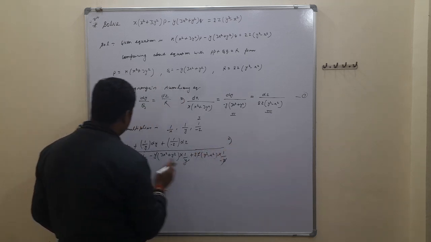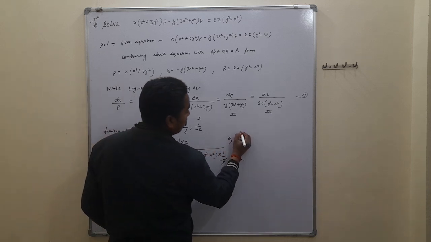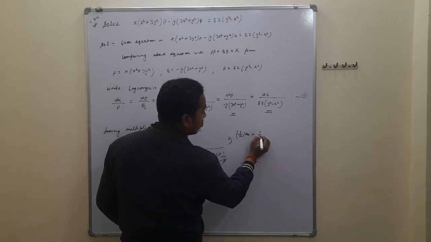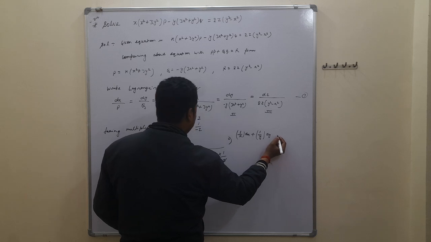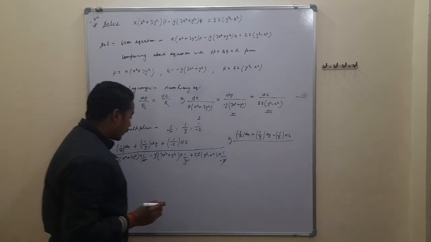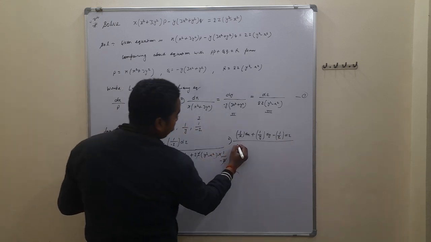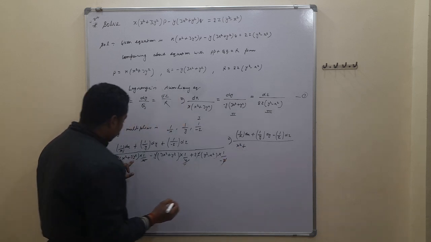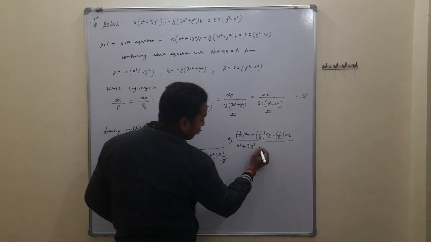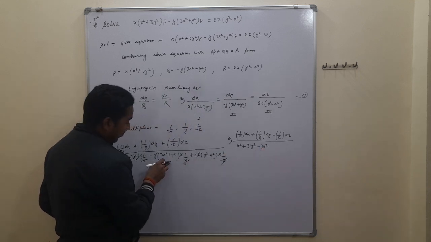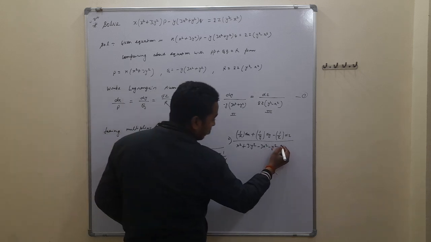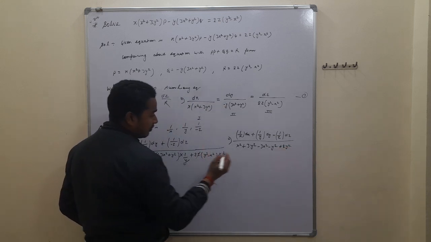This is given by (1/x)dx plus (1/y)dy minus (1/z)dz, upon simplification for the denominator. We get x² + 3y², and from here minus 3x² and minus y², and here plus 2y² and minus 2x².